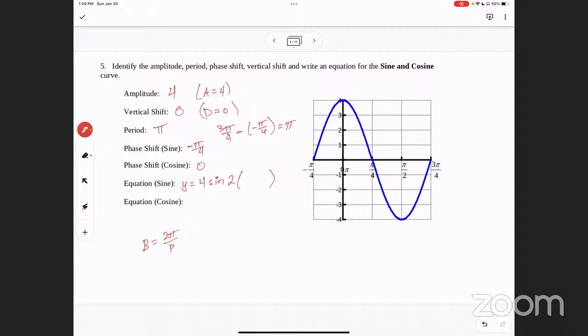My phase shift was negative pi over 4, so I'm going to write x plus pi over 4. Got that? My vertical shift was nothing, so that's it. For my cosine graph, it's actually even easier. y equals 4 cosine of 2x. You don't even have to put a phase shift in there. So there are my two equations.